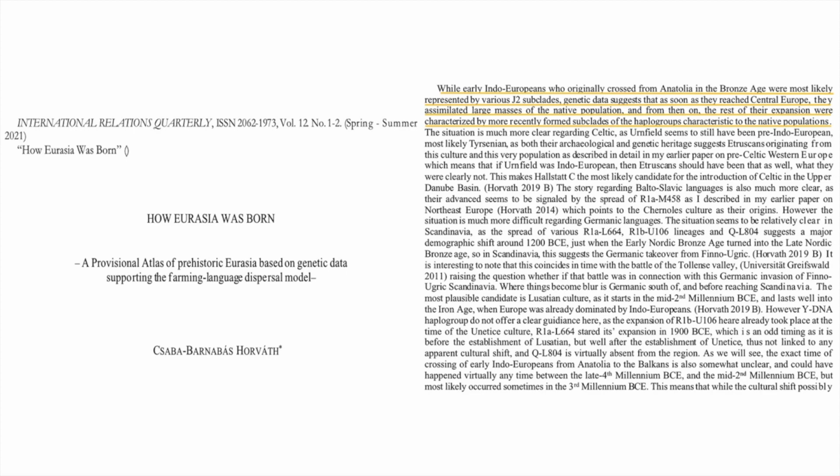This is from How Eurasia Was Born. While early Indo-Europeans who originally crossed from Anatolia in the Bronze Age were most likely represented by various J2 subclades, genetic data suggests that as soon as they reached Central Europe, they assimilated large masses of the native population, and from then on, the rest of their expansion was characterized by more frequently formed subclades of haplogroups characteristic to the native populations.